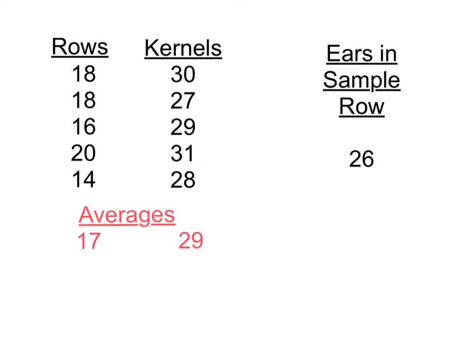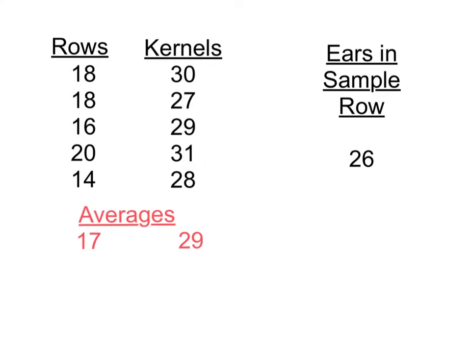Now, by adding in the first column the number of rows in each ear, adding those up and dividing by 5, we come up with the average number of rows for all of our ears, and we'll round this to the nearest row. Over here we will take these 5 values for the number of kernels down a row, and we will add those up and divide by 5, calculating an average for those number of kernels.